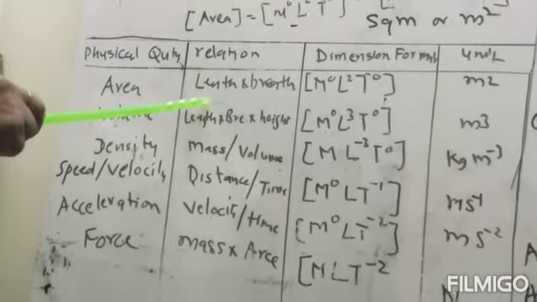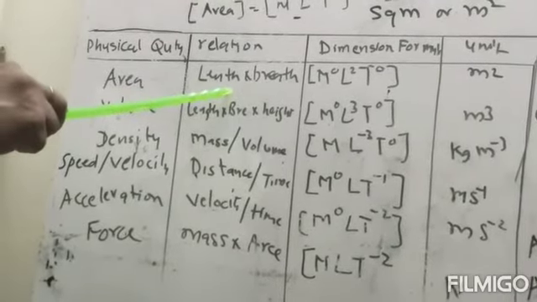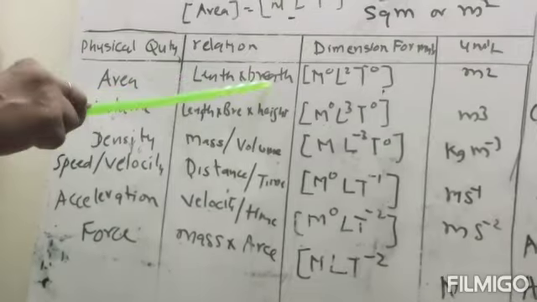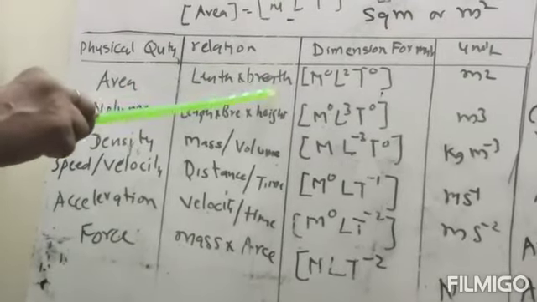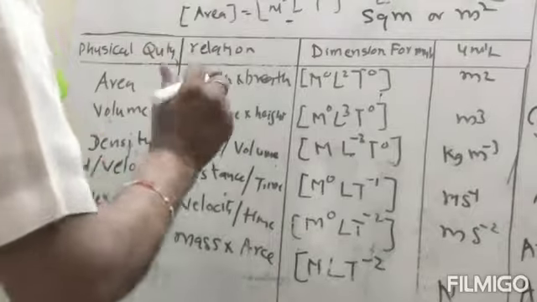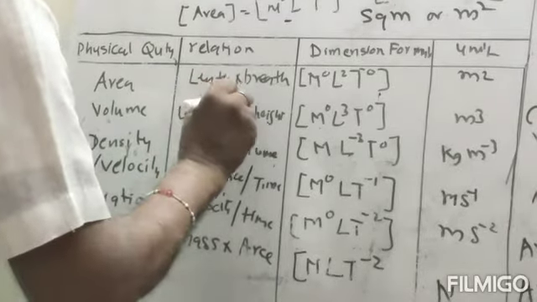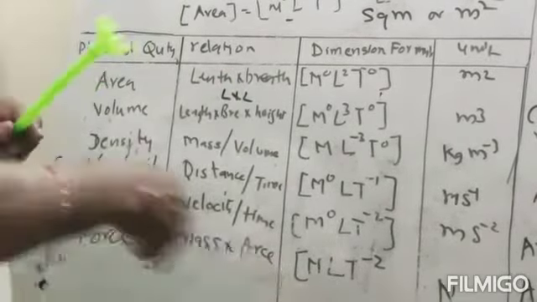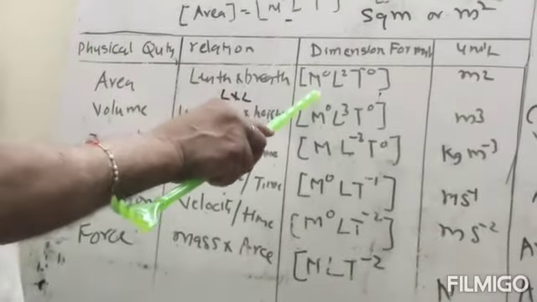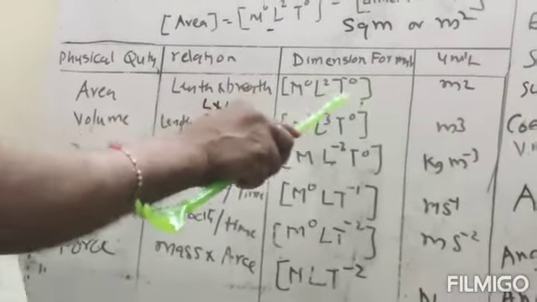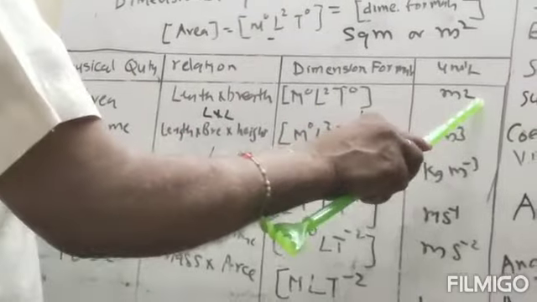Length is measured in capital L and breadth is also length. So it will be L into L, which is L square. There is no M, so we put within the bracket M0, L square, T0. And the unit will be meter square.